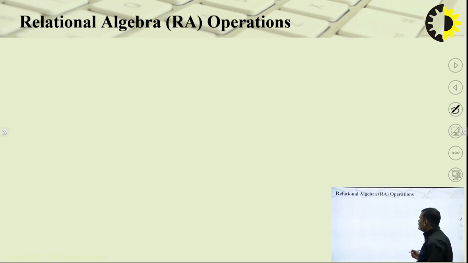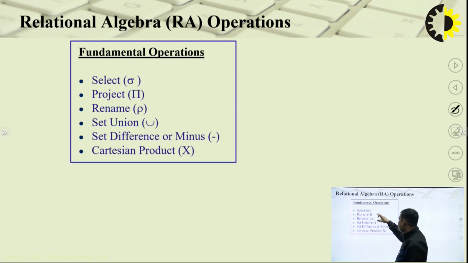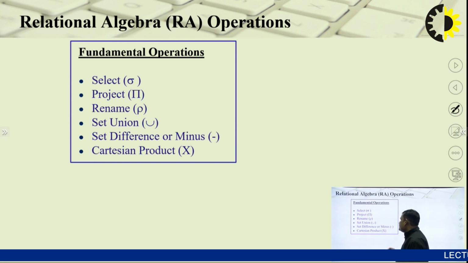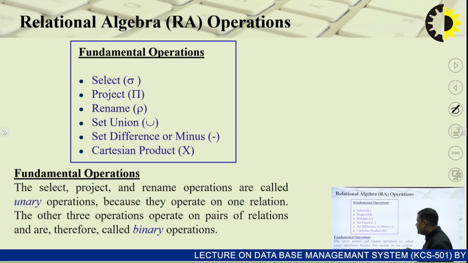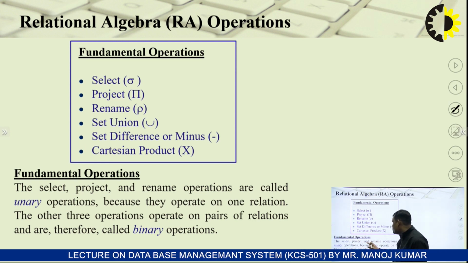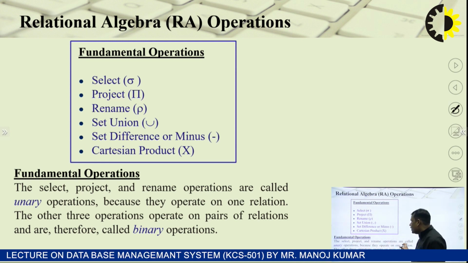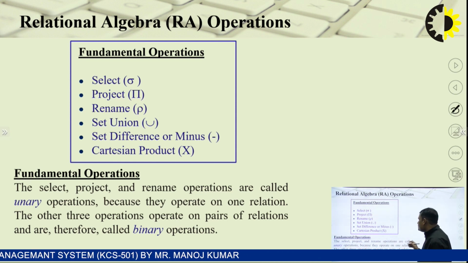Relational operations. Fundamental operations are the selection operation, projection operation, rename operation, set union, set difference and Cartesian product. Select, project and rename are called unary operations. Unary means it is used on only one table.